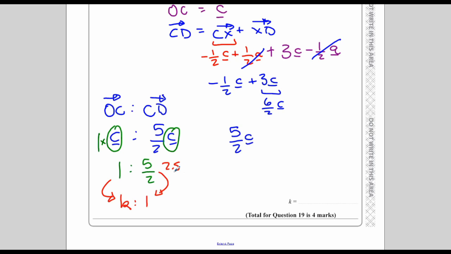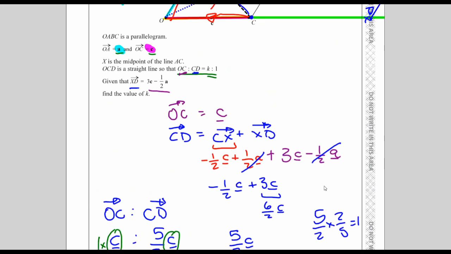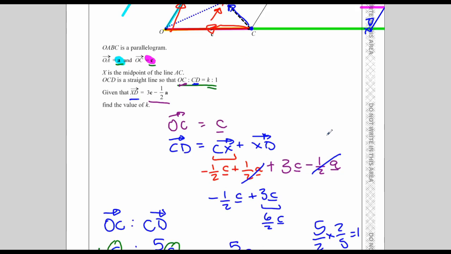Okay, so divide by 5 times by 2. 5 over 2 times 2 over 5 is 1. So let's times both sides by 2 over 5 to get 1, and that means that K is 1 times 2 over 5, 2 over 5, which is the same as 0.4. Quite a hard question, and you can see I had to think a lot about that as well. Okay.